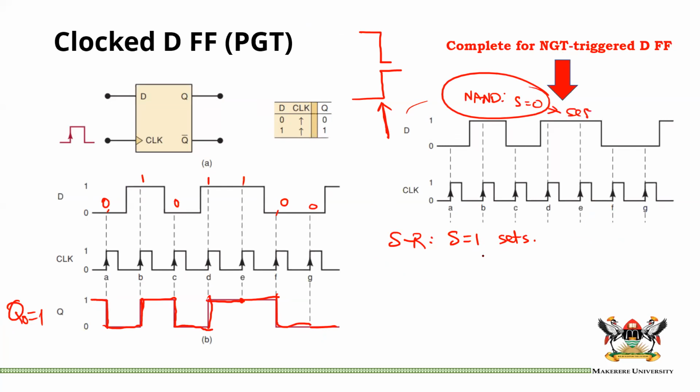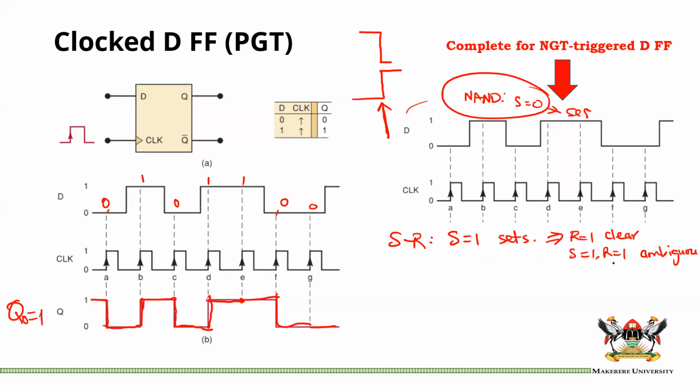Once I know that S equal to 1 sets, I can work out the rest, because by extension R equals 1 will clear. That means S equal to 1 and R equal to 1 shouldn't happen. It is ambiguous, it is invalid.